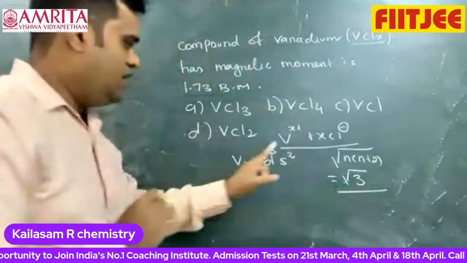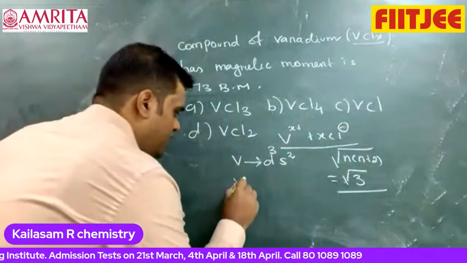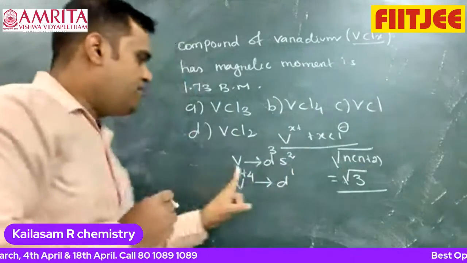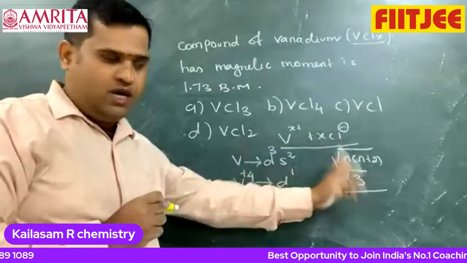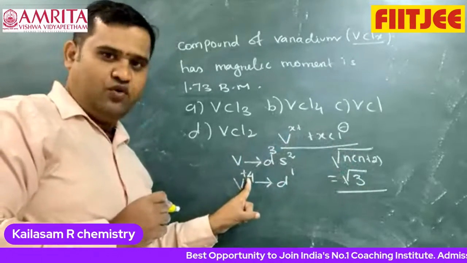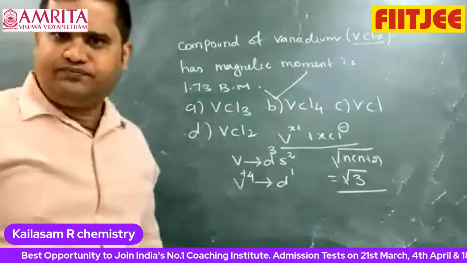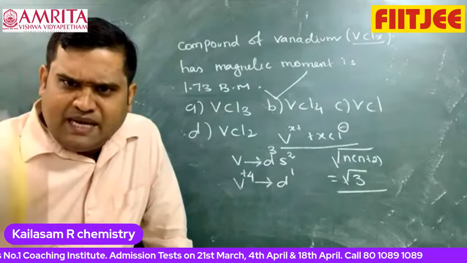And root 3 means the vanadium ion has only one unpaired electron. That means I should remove electrons. That's all. Vanadium plus 4 ion, which has d1 configuration, has magnetic moment root 3. Therefore the x value is plus 4. Therefore, that is the answer. This is what they will ask in the examination.